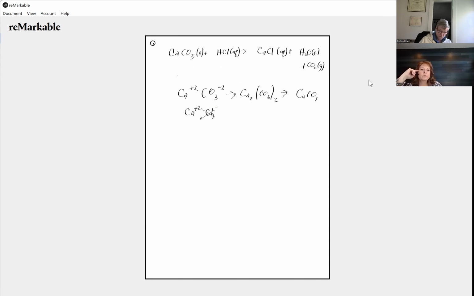So we do our cross trick and we see the correct formula for calcium chloride must be CaCl2. We do not have a common denominator, so we need to put this up here first. That's the proper formula for calcium chloride.